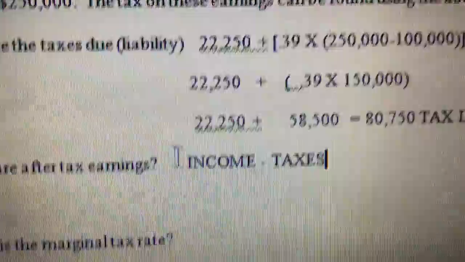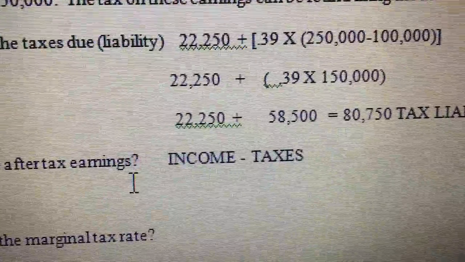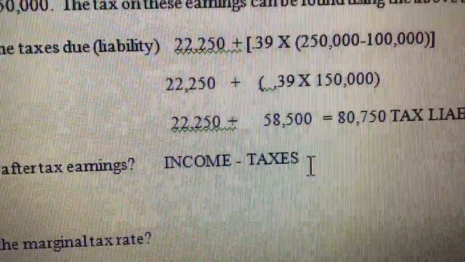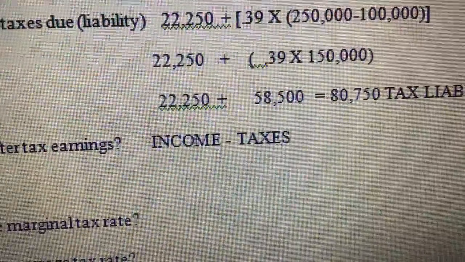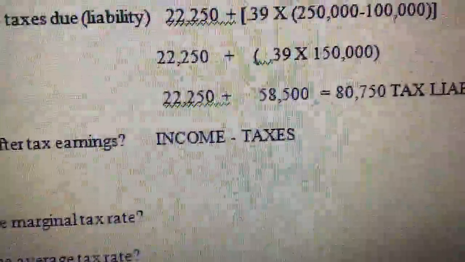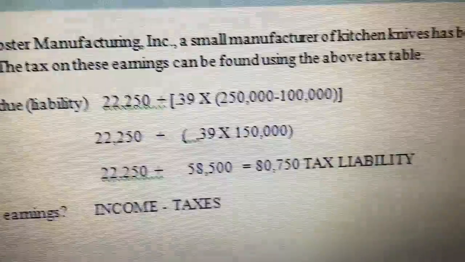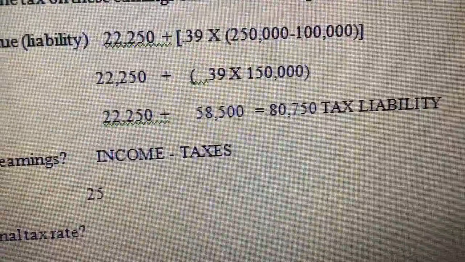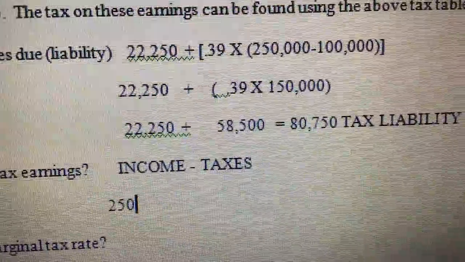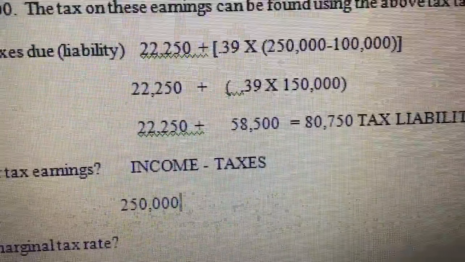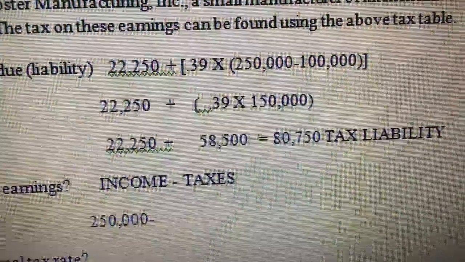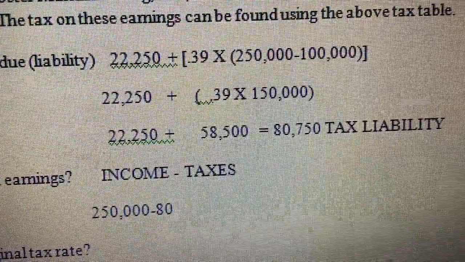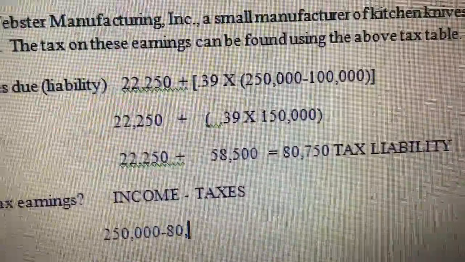Okay, so come down. Income is going to be $250,000 here. Taxes, $80,750.